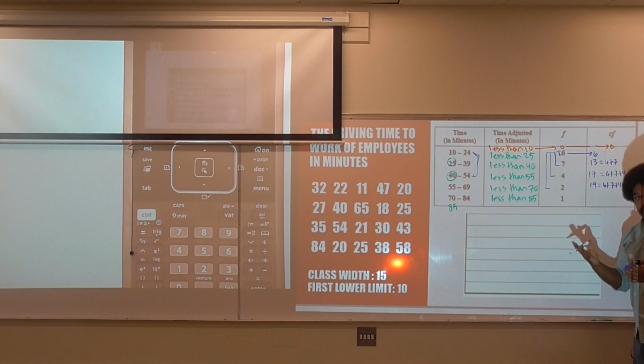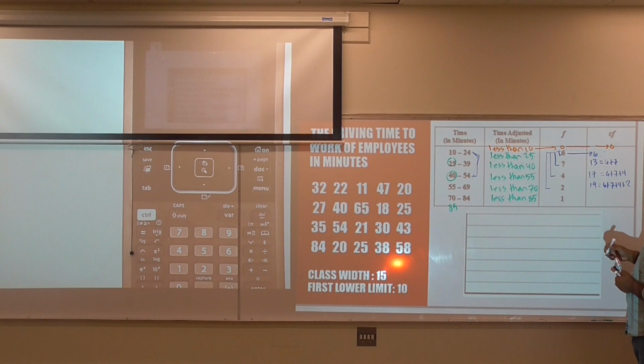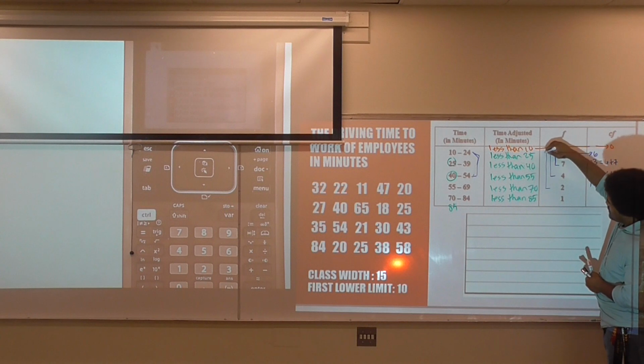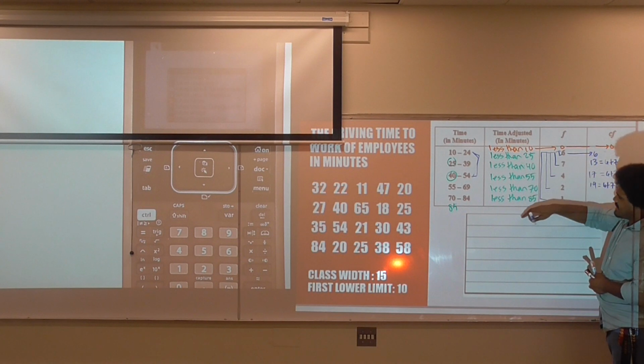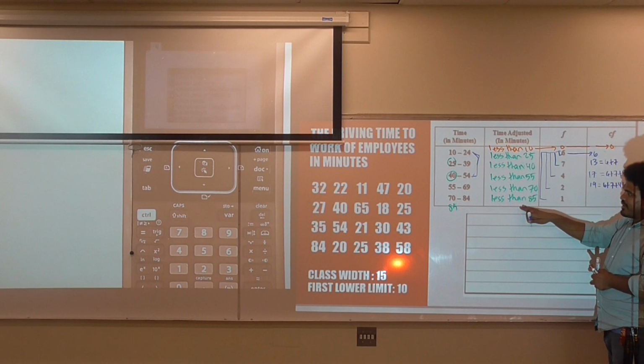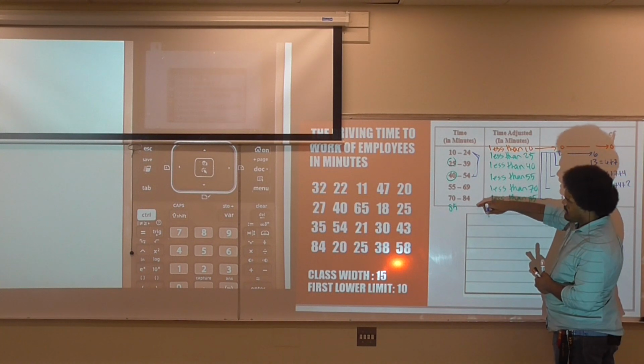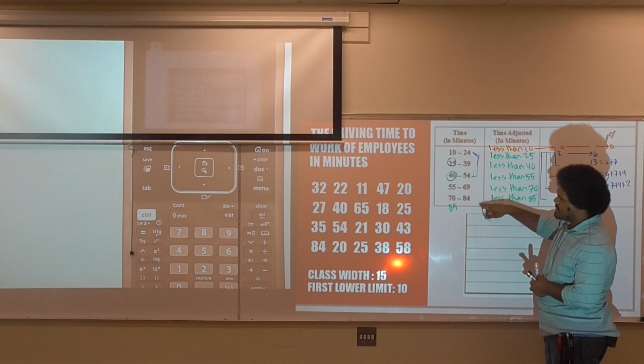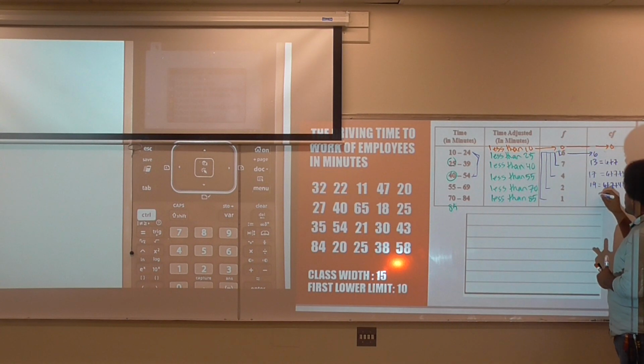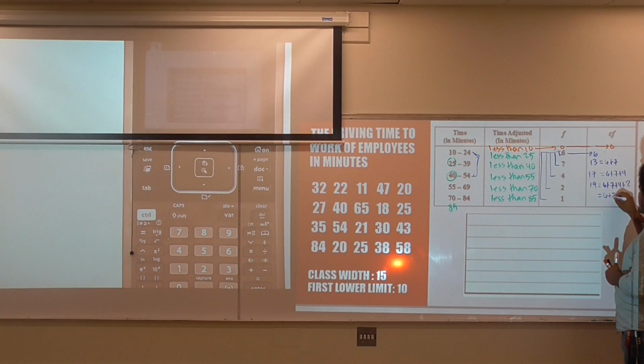And then lastly, the final one. Everything that's less than the final upper limit is everything in the distribution table. So we add them all up, 6 plus 7 plus 4 plus 2 plus 1, and this gives us 20.